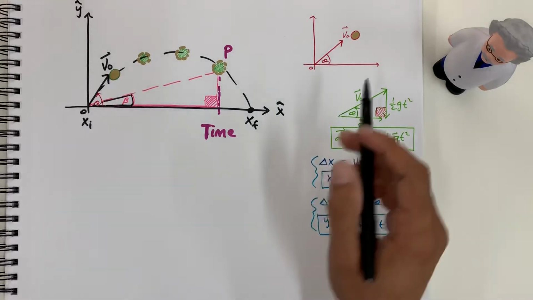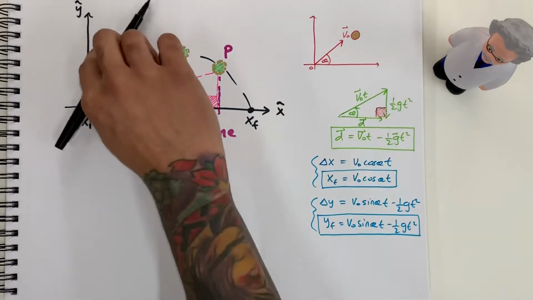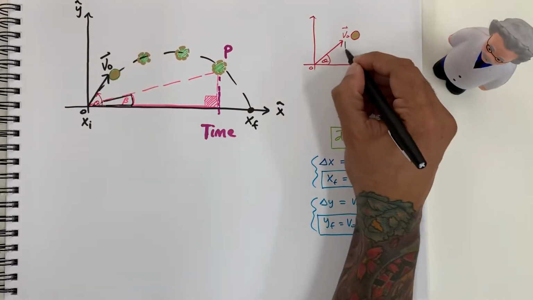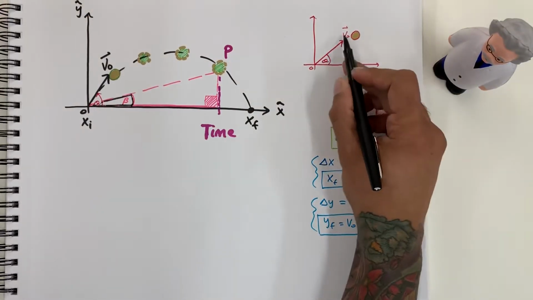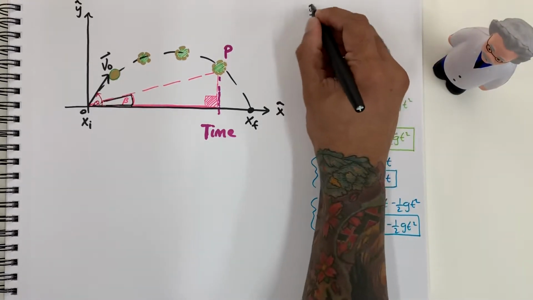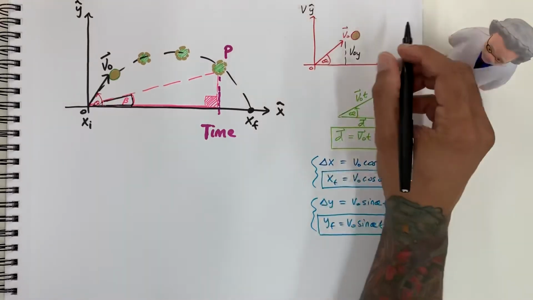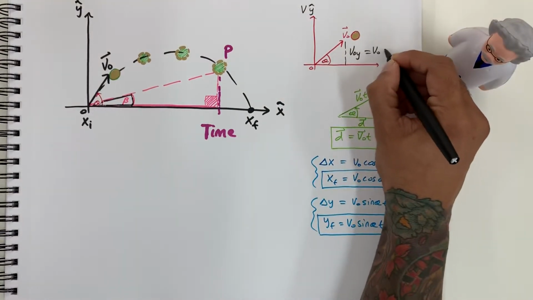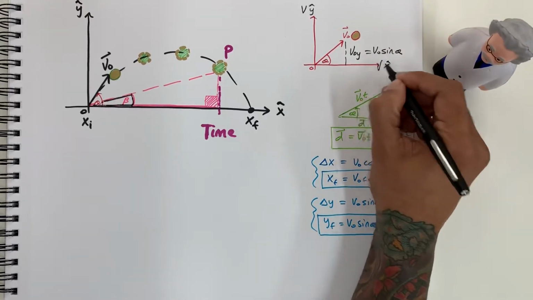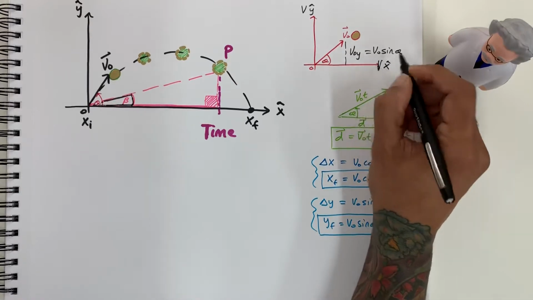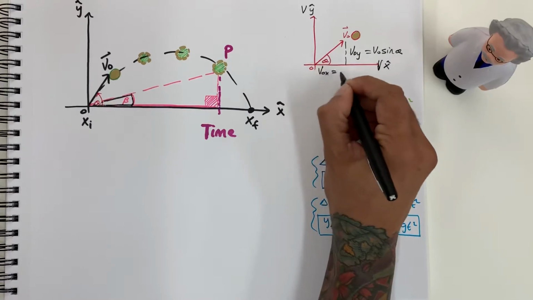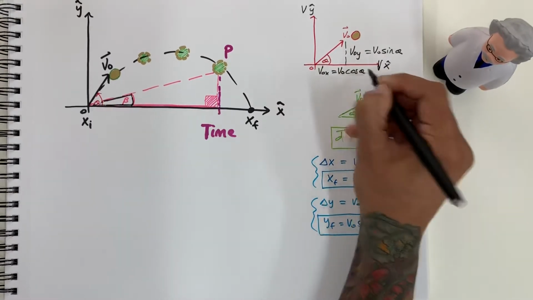And now, taking a look over here, this initial velocity could be broken up into components. Okay, so here we have opposite over hypotenuse. So V initial in the Y, which is up, we have V initial sine theta. And here's our x hat, so that's our velocity in the x direction. So adjacent over hypotenuse, this is V initial in the x is V initial cosine theta.